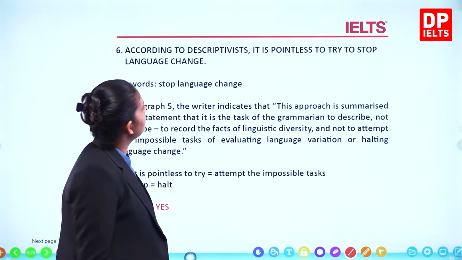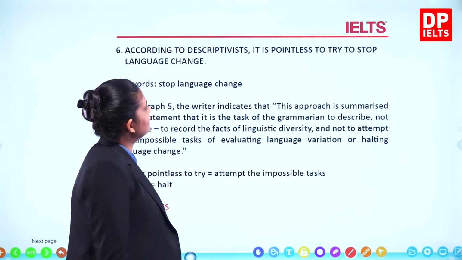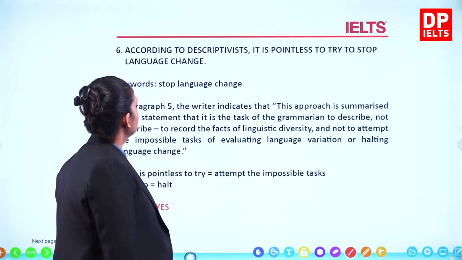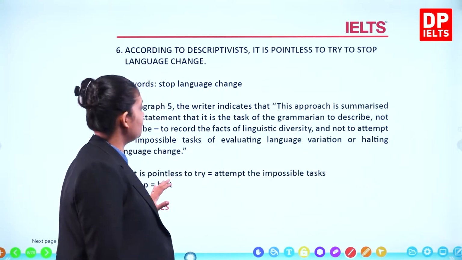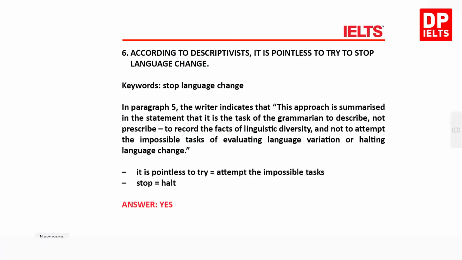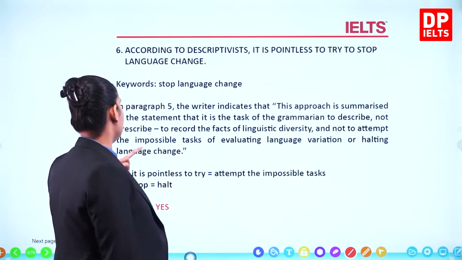Right, question number 6. According to descriptivists, it is pointless to try to stop language change. So let's have a look at it in para 5. The approach is summarized in the statement that it is the task of the grammarian to describe, not prescribe, to record the facts of linguistic diversity and not to attempt the impossible tasks of evaluating language variation or halting language change.